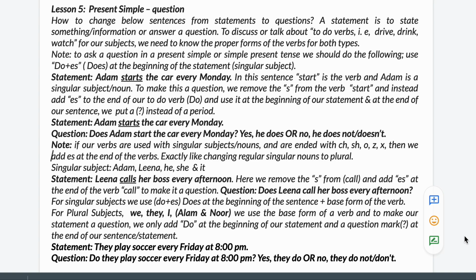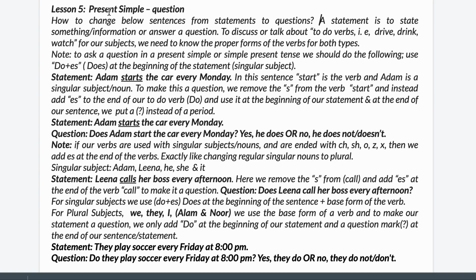But in this session, we are going to discuss how to change our assertive statements or assertive sentences to questions, how to change it from a statement to a question. So obviously there are rules we have to follow and we have to understand the foundation of anything we do. Without foundation, we cannot achieve that goal.